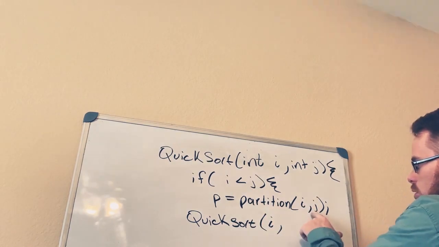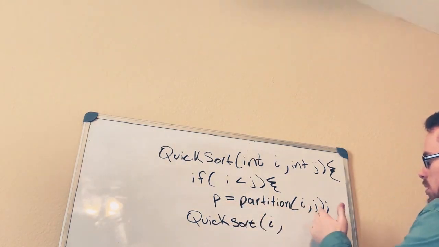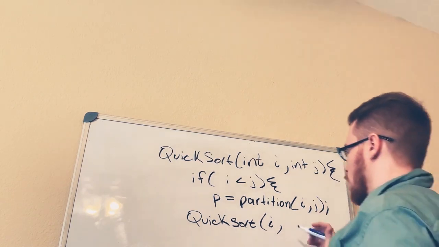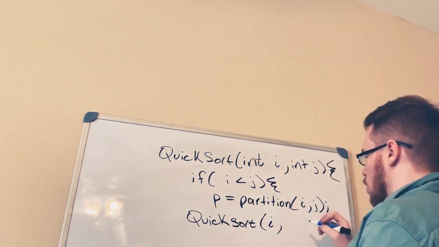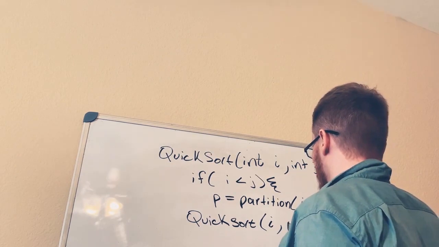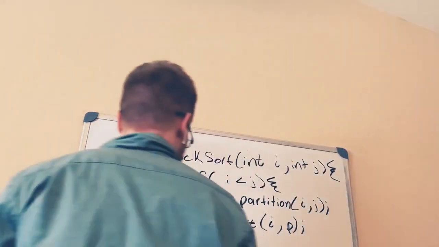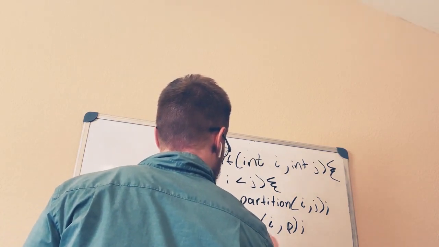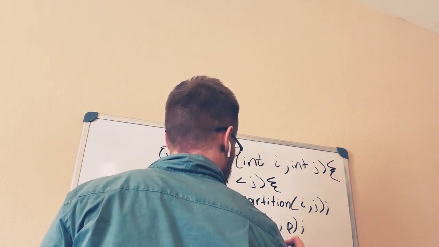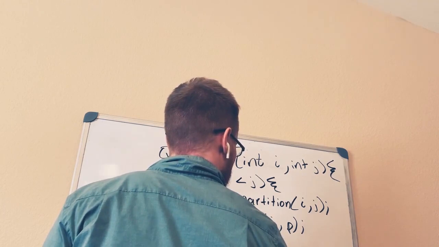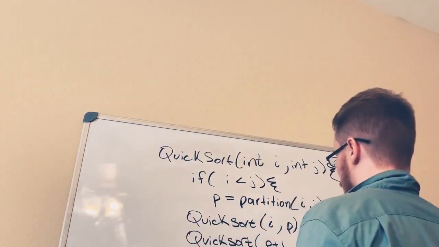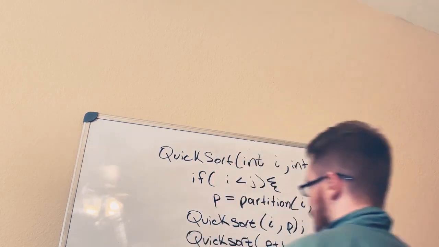So we're splitting this array and finding p, the middle guy that helps split it up. So we call quicksort from i to p, and then we recursively call quicksort again from p plus 1 to j. Okay, and that is the end of our if statement.